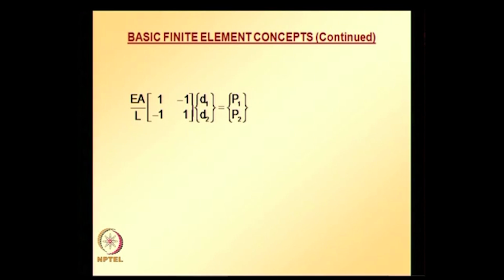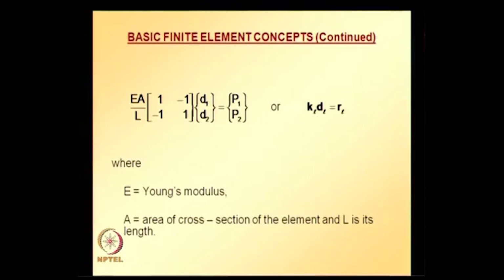EA over L times the matrix [1, -1; -1, 1], and d1, d2 is the local displacement vector, capital P1, capital P2 is the local force vector, and this can be compactly written as K subscript L d subscript L is equal to R subscript L, where L stands for local coordinate system. And here in these element equations, capital E is Young's modulus, capital A is the area of cross section of the element, L is the length of the element.